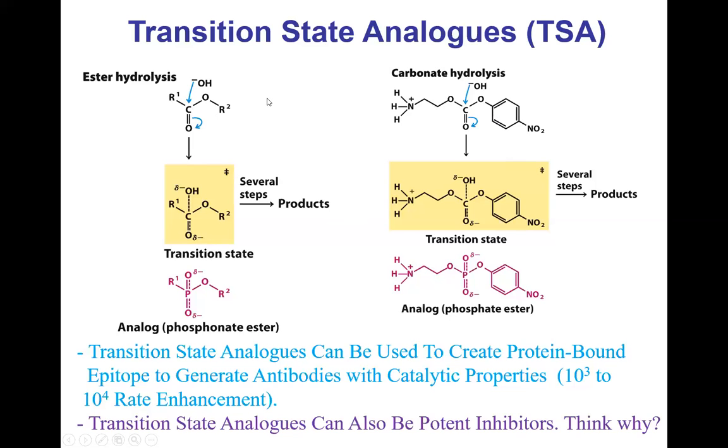So when ester hydrolysis happens, the hydroxyl group will try to attack that carbonyl, and that carbonyl oxygen, the double bond will get pushed. You will have a delta minus charge on the oxygen, right?